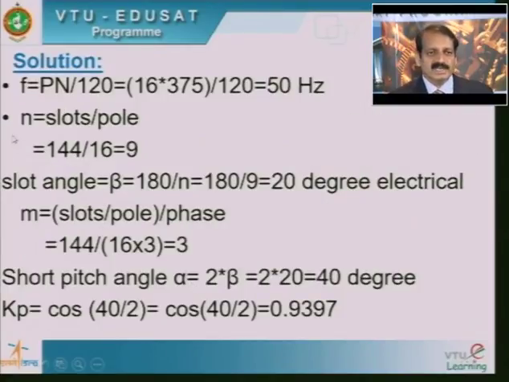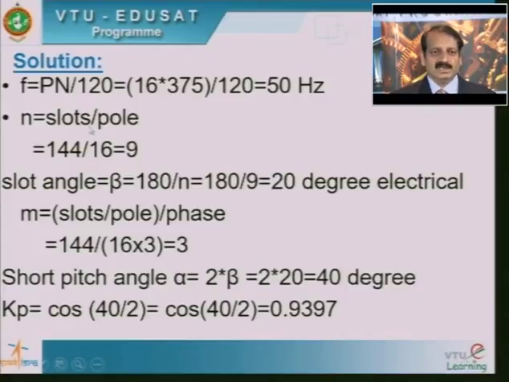So, as usual we can start with calculating frequency. Number of poles 16, speed is 375, we will get frequency as 50 hertz. Now, slots per pole: we will have 144 slots under 16 poles.